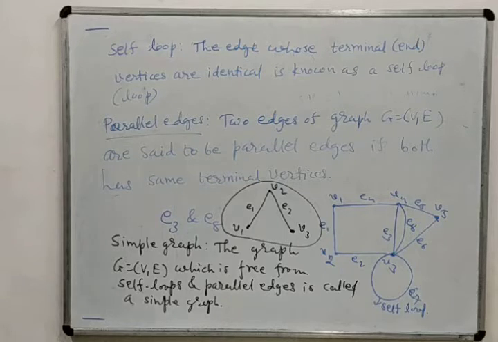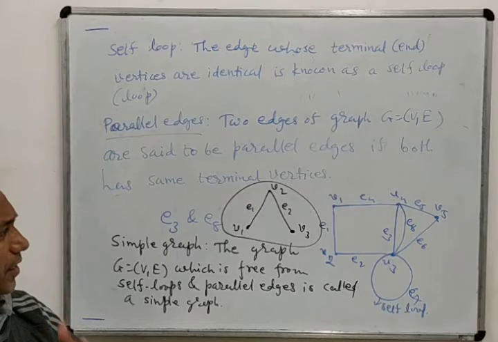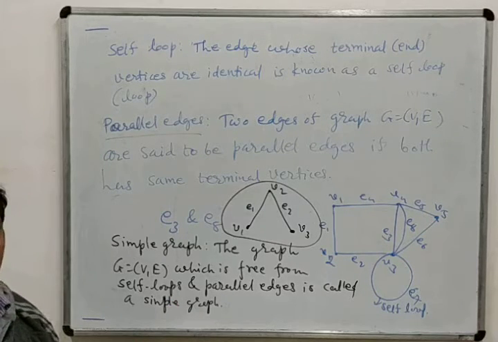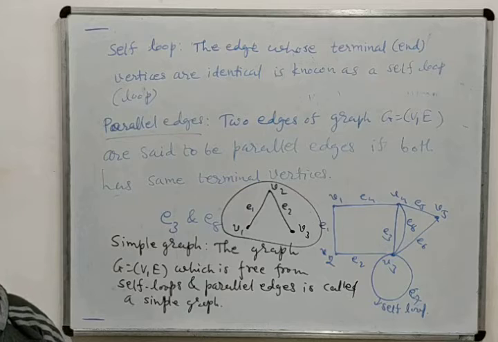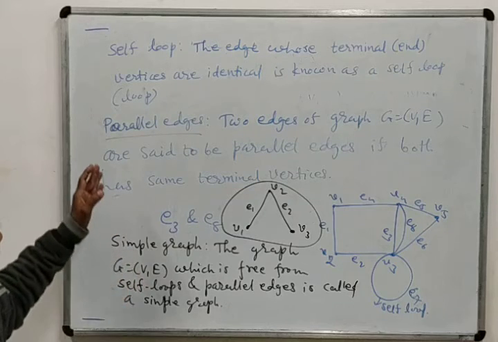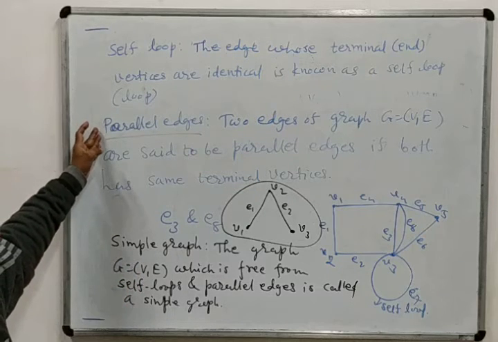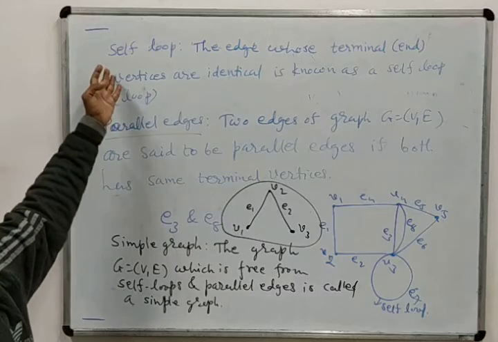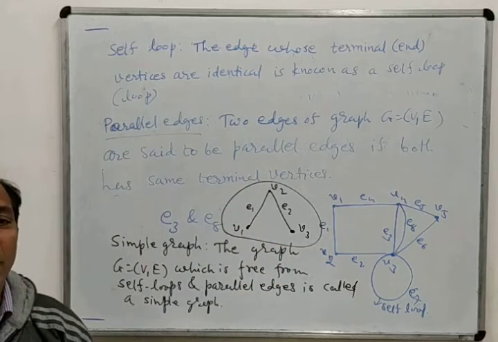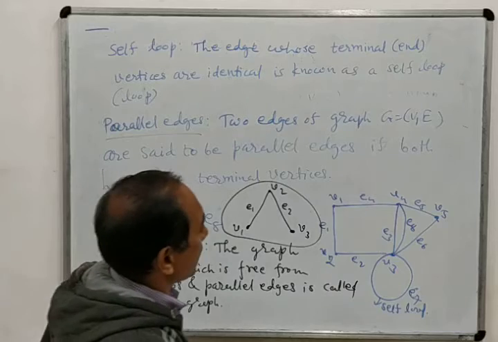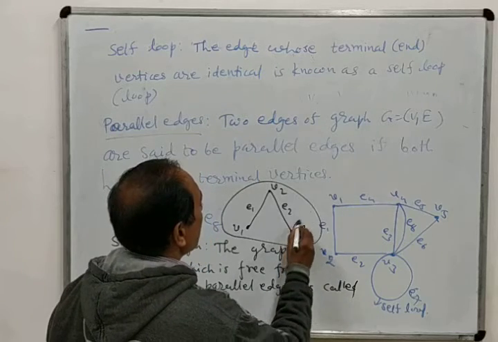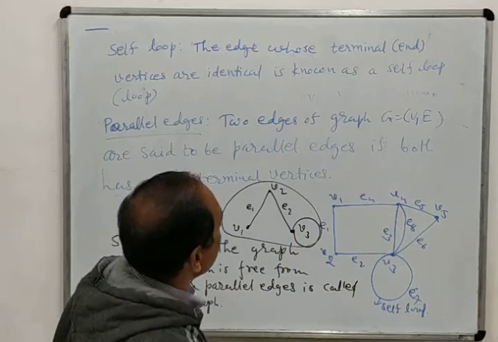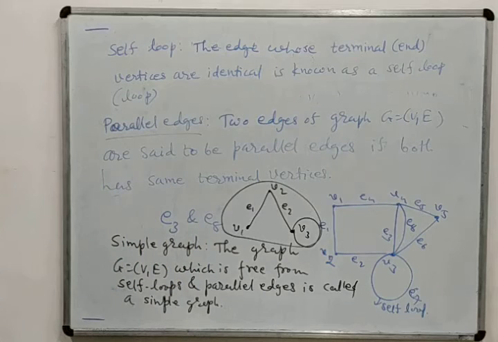You can draw any kind of graph, but the graph must contain the required meaning of the definition. If it is a self loop, then you draw the graph in such a way that it contains a self loop. Suppose in this graph I add this, then it contains a self loop.